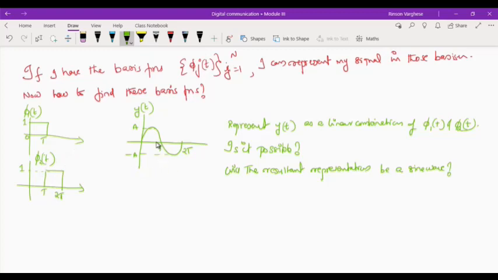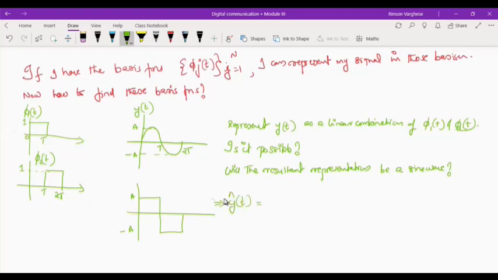But here we have a sine wave. The maximum extent to which we can represent this sine wave using these functions is this. Where you multiply phi 1, this is nothing but y cap of t.